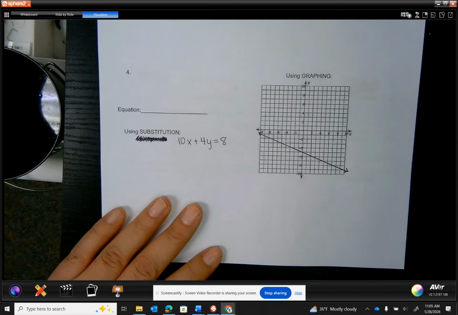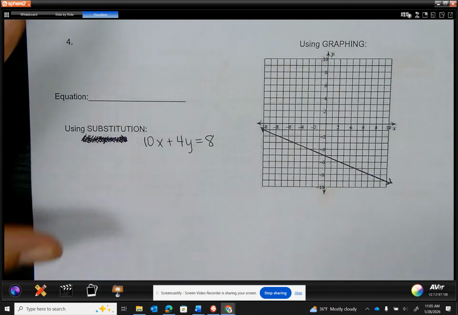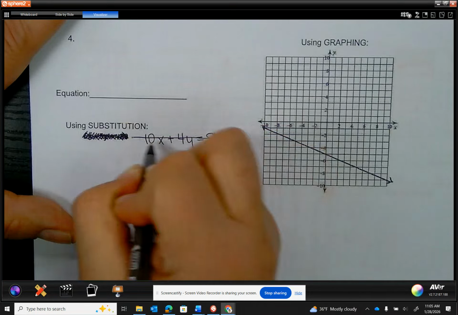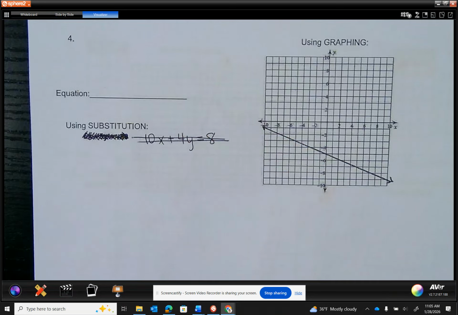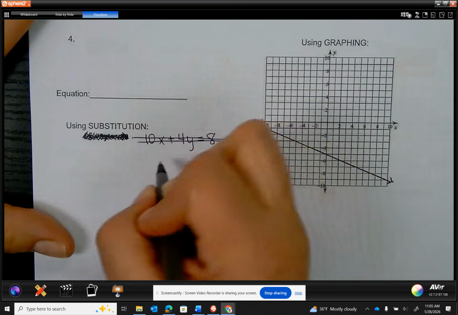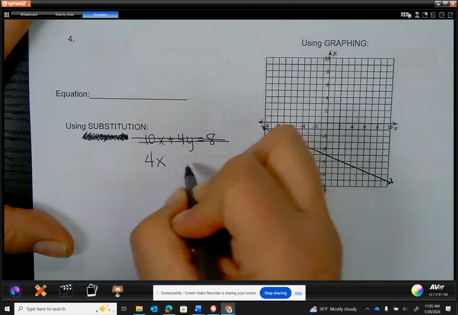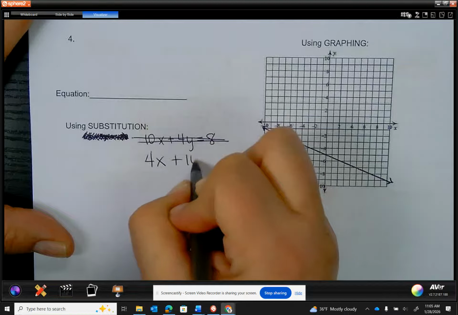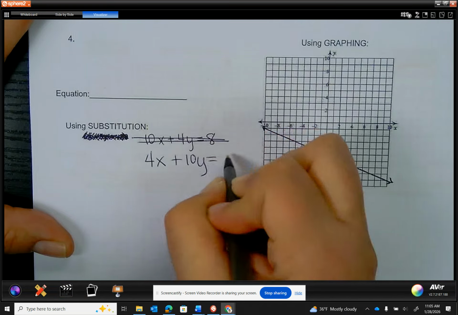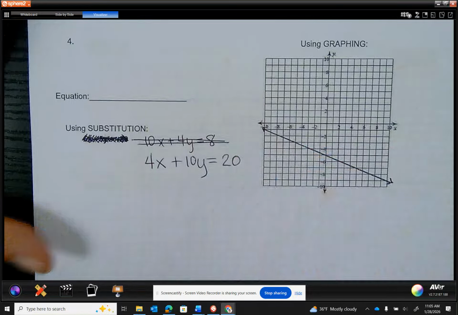So the first thing I need you to do is strike through that equation. It should have been 4x plus 10y equals 20.